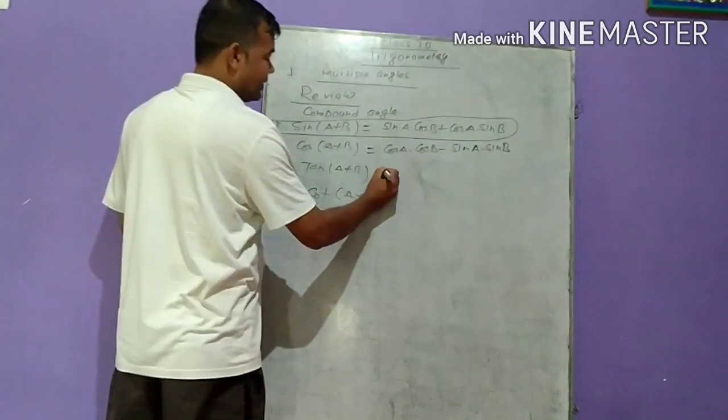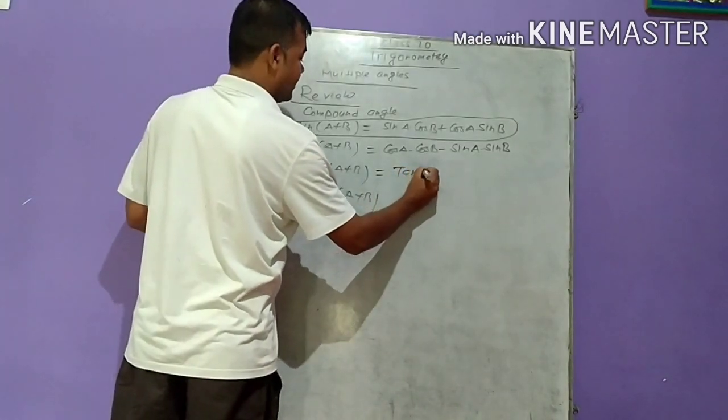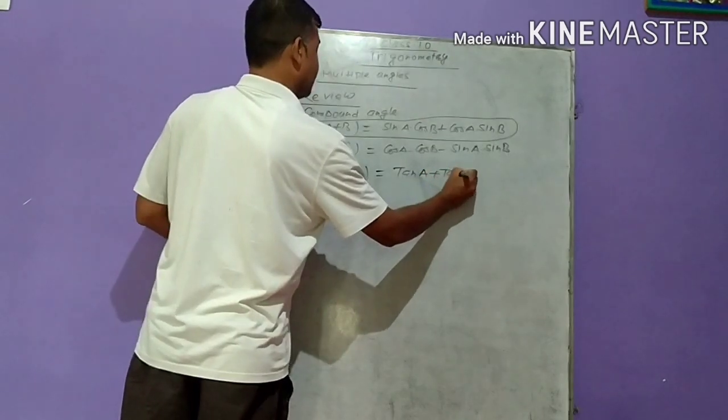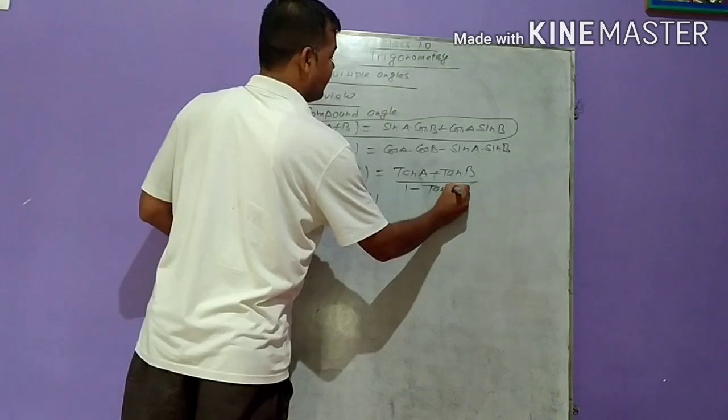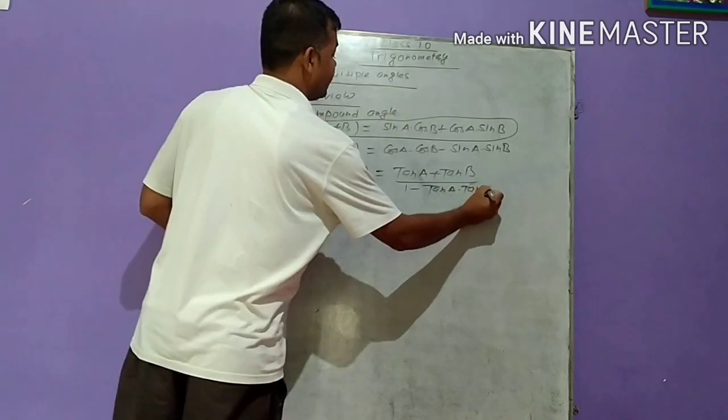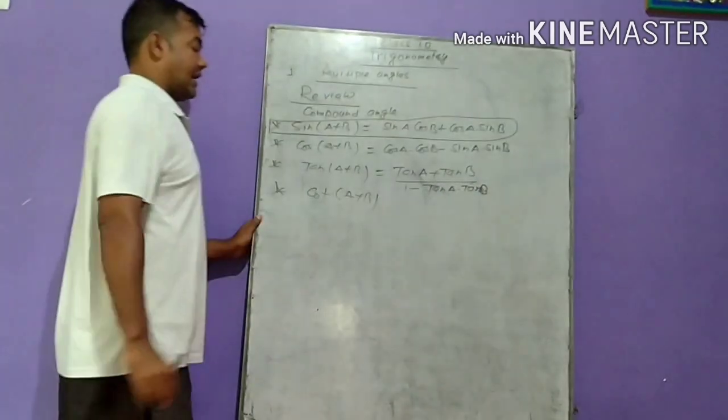In the same way, tan A plus tan B upon 1 minus tan A into tan B is also an identity.